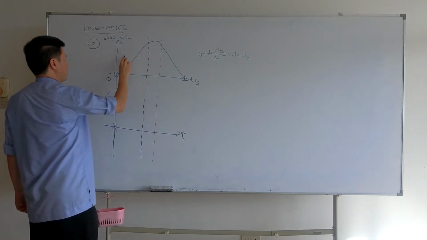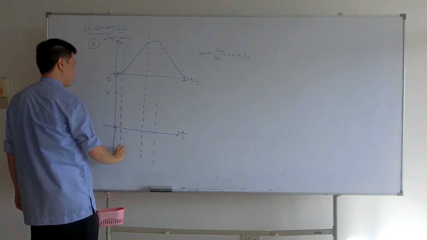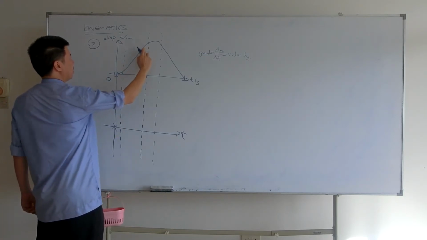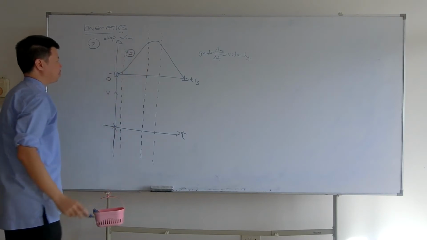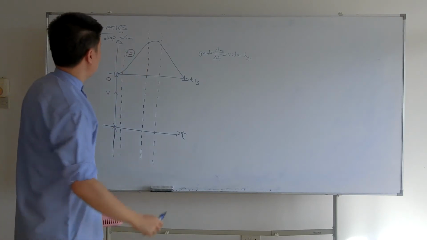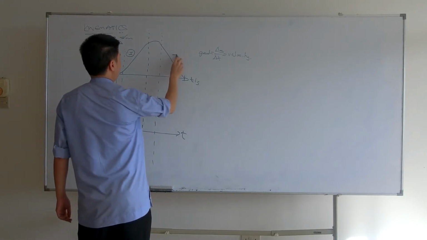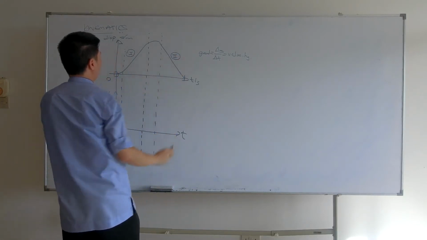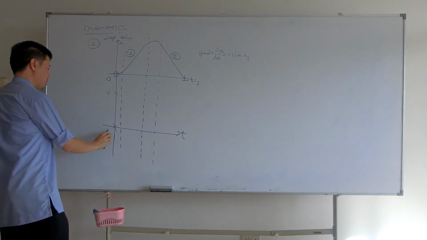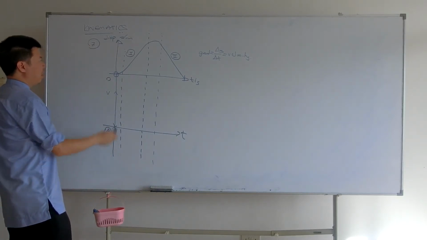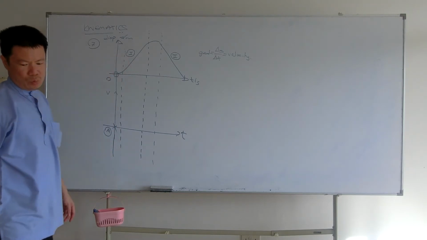And find another point here, which states that here it is a straight line. So let's call it component 1, and then here, another straight line, component 2. When you have questions like this, always start with the easy points first.